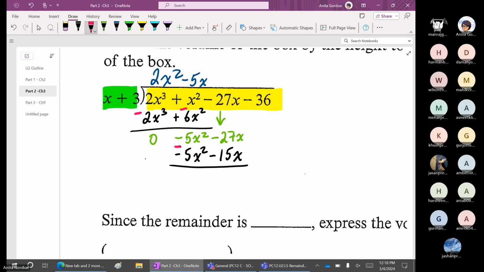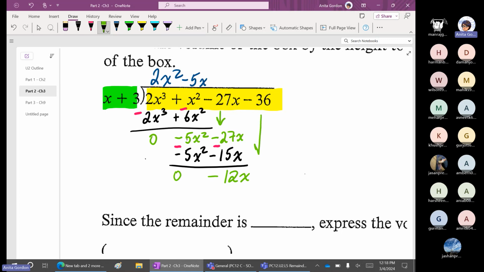Then, this is subtracting. So be careful of the negatives. This gives me 0, and negative 27 minus negative 15. So it's the same as saying negative 27 plus 15, which gives me what number? Negative 12.